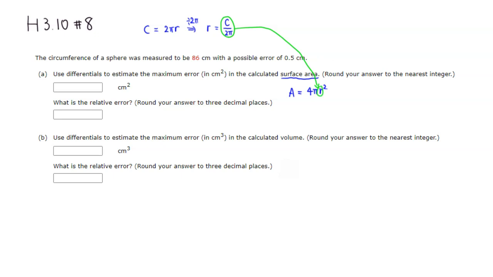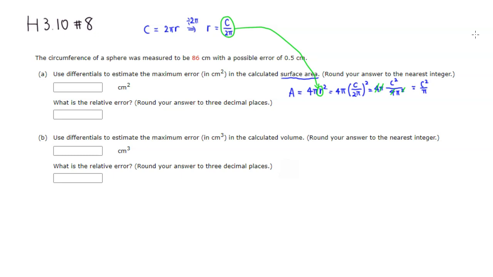So this is going to be 4 pi times c over 2 pi squared, which is 4 pi times c squared over 4 pi squared. You can cancel the 4s and a pi, so this is just c squared over pi.